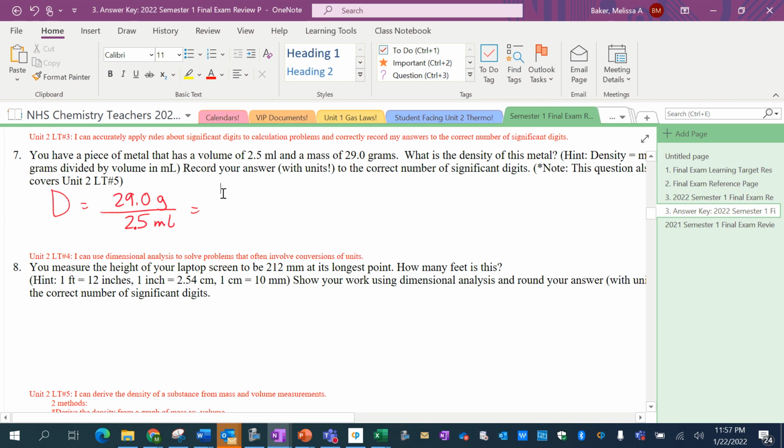And then we're going to need to do two significant digits because 29.0 is 3 significant digits and 2.5 is 2. So then we would round this to 12 grams per milliliter. That would be my final answer. That would be the density of this piece of metal.